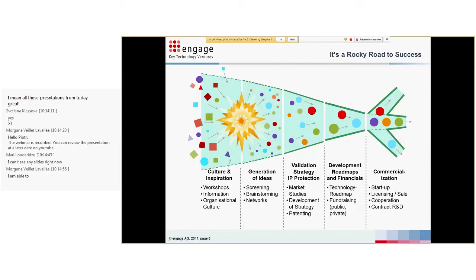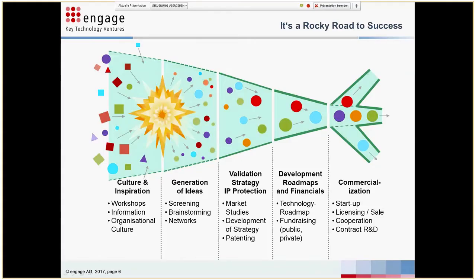But then you screen them, or you should screen them, to find out which of those might have commercial implications, some value to the industry, or some value to other technologies. If you're sure that there is some value in there, you try to ask around whether this is really a fact, because quite often researchers have a different picture of the environment and of what is commercially viable than the industry itself.